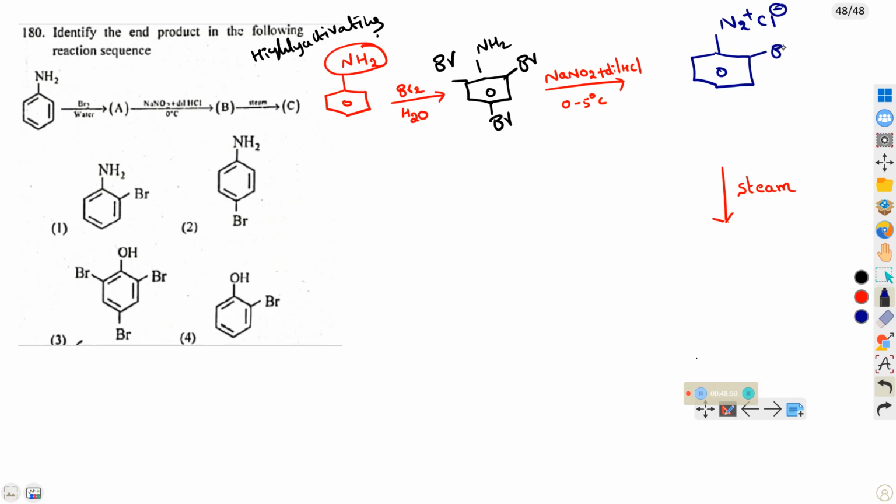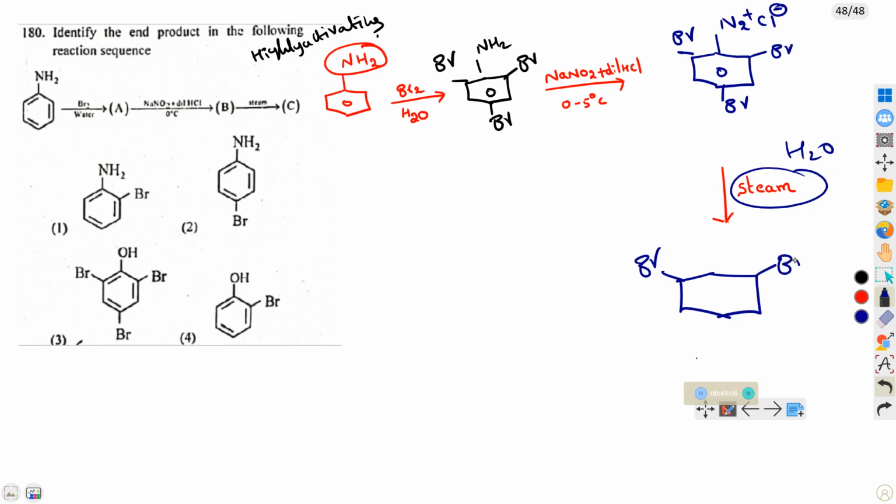Bromine. Reacts with steam. Steam means nothing but water. Then N2Cl group is converted to OH. What is the product? 2,4,6 tribromophenol. Third option correct. Thank you.